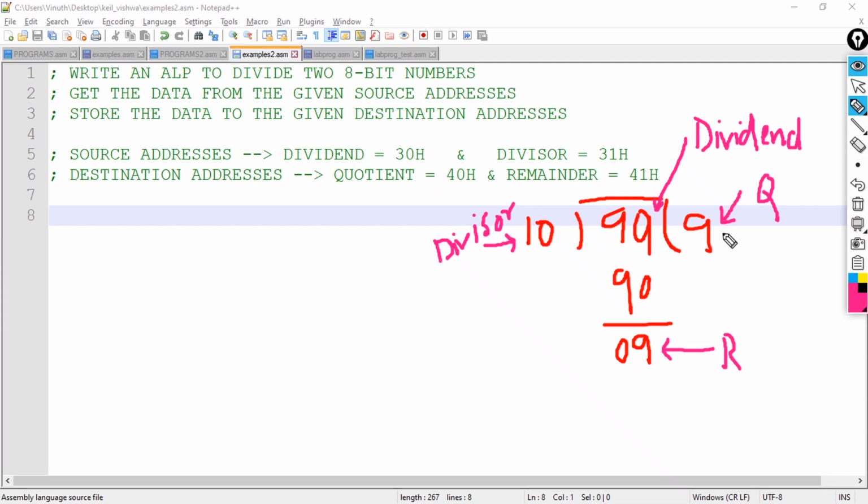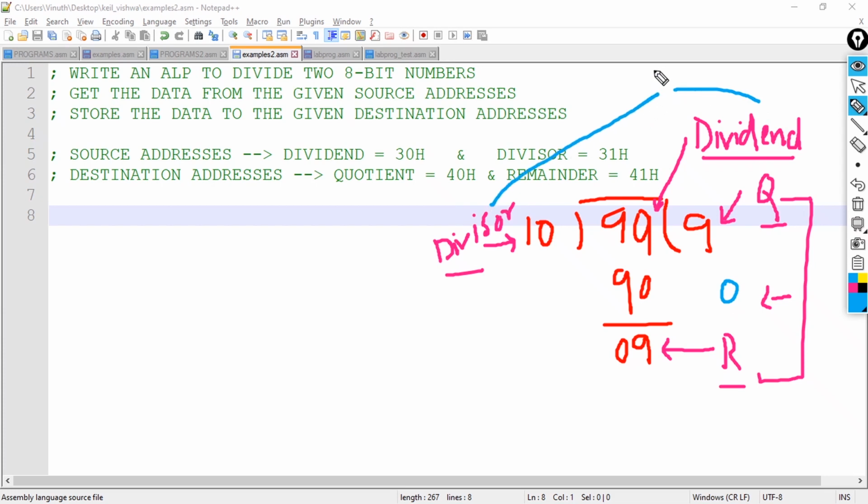So we have four different terms over here: dividend, divisor, quotient, and remainder. The quotient and remainder are my outputs, whereas the divisor and dividend are both my inputs.